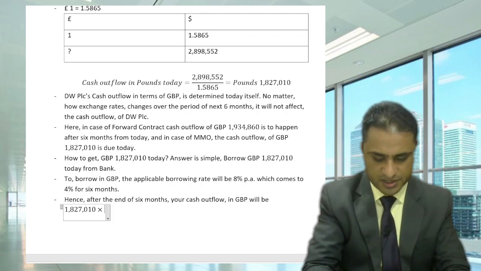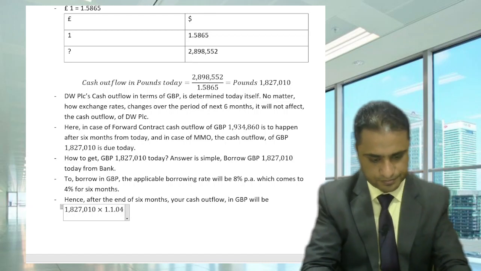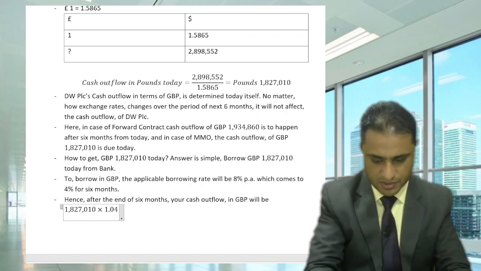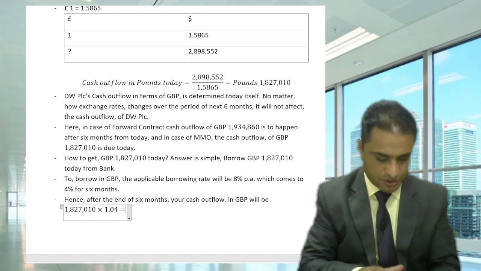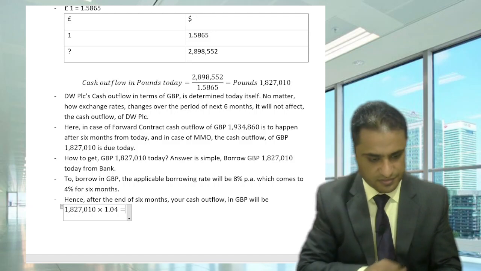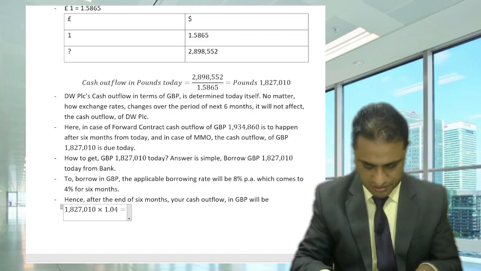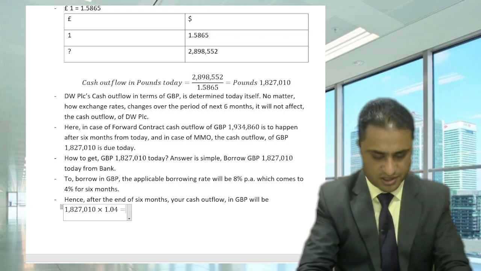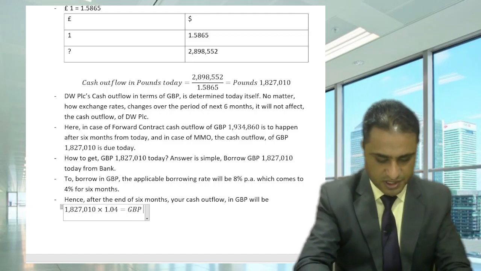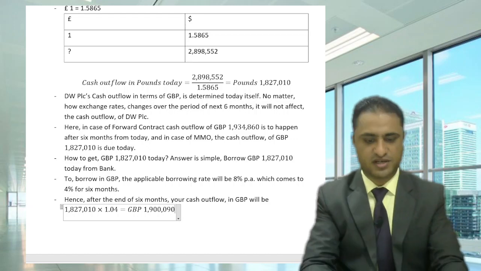So we will multiply it with 1.04, which comes to 1.04 multiplied by 1827010. And now we have got what we will have to pay in Great Britain pounds at the end of 6 months: 1900090. So we are done here.